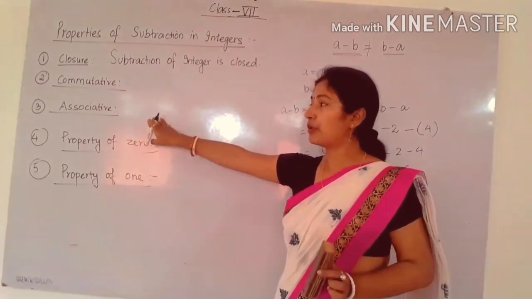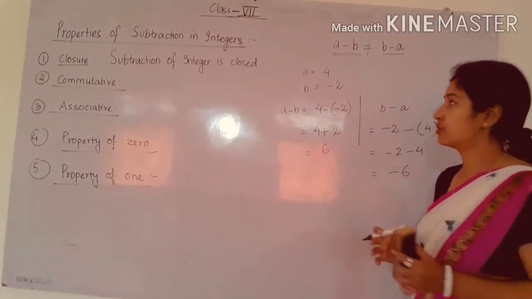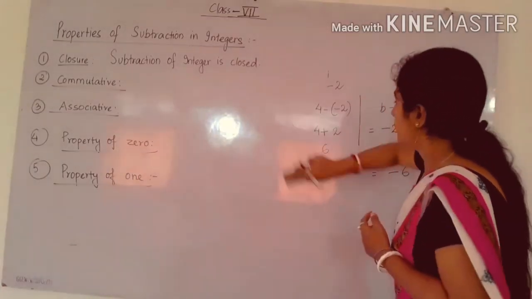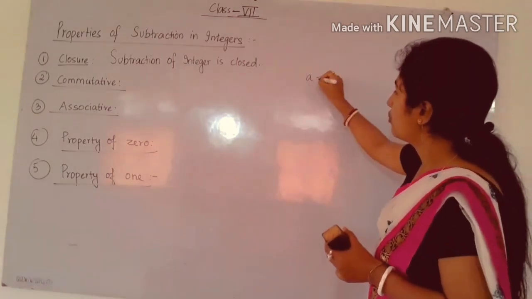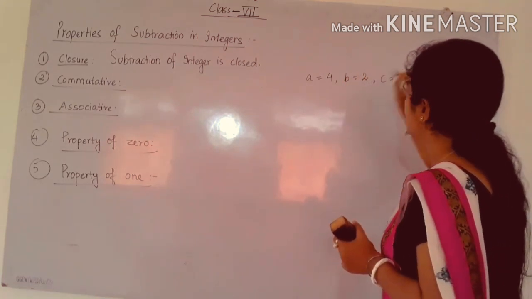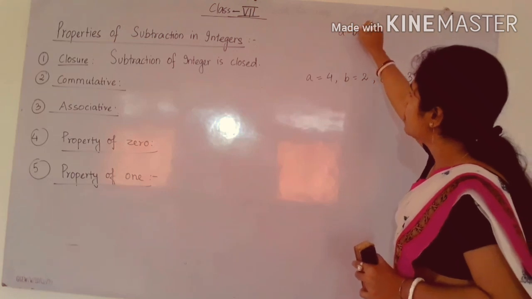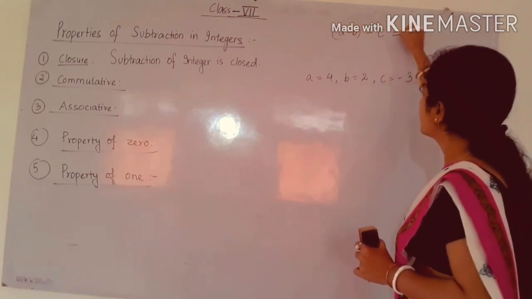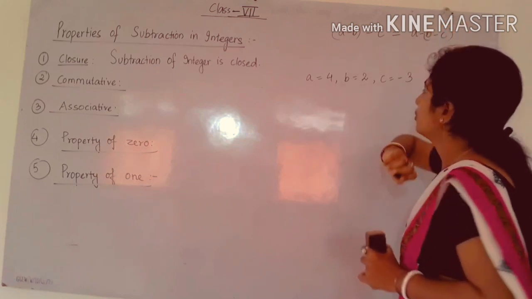Similarly, number 3 is the associative property. In the associative property we have to take three integers. So for example, a is 4, b is 2, c is suppose minus 3. So in the associative property what do we have to check? Whether (a minus b) minus c is equal to a minus (b minus c) or not.